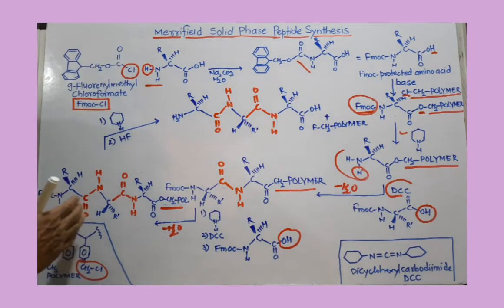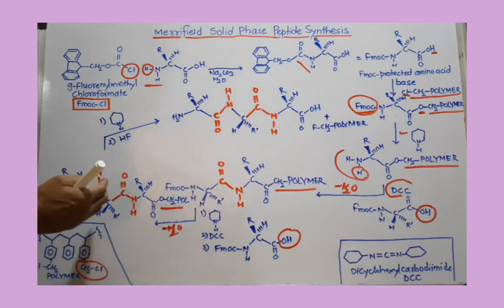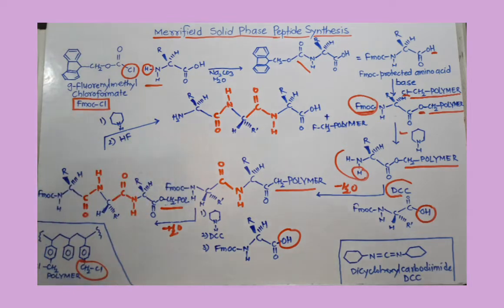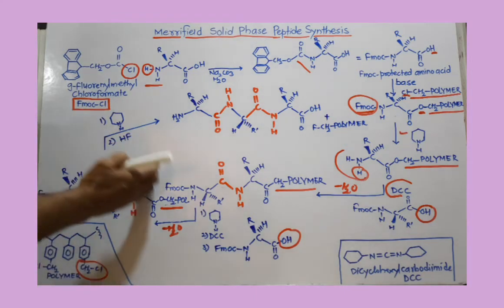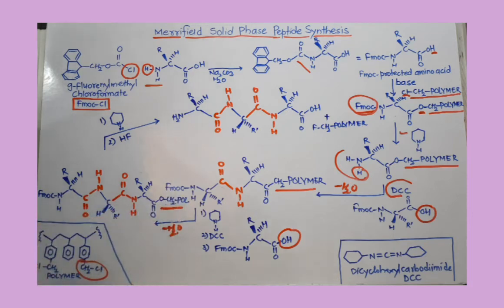Now a tripeptide is attached to the polymer. Tripeptide, you can add a few more amino acids and you can grow that chain. In fact, you can produce polypeptide, but at a certain point you have to detach that polypeptide chain from the polymer, and that can be done by using HF.